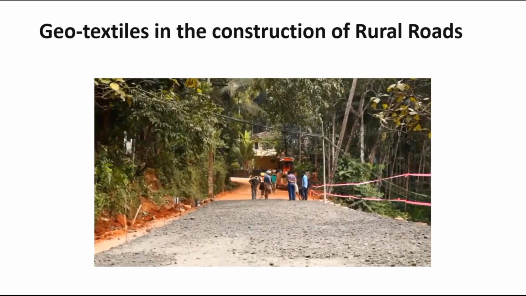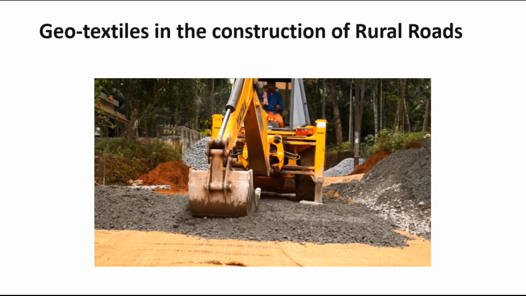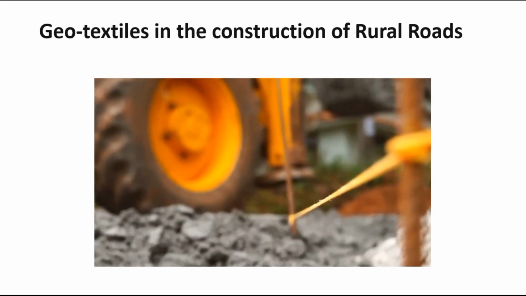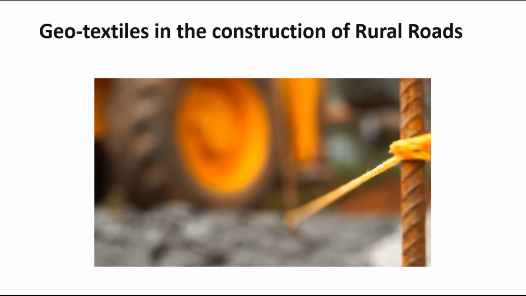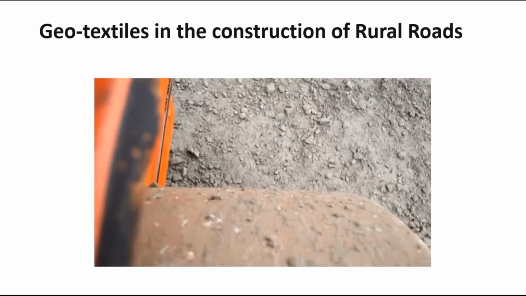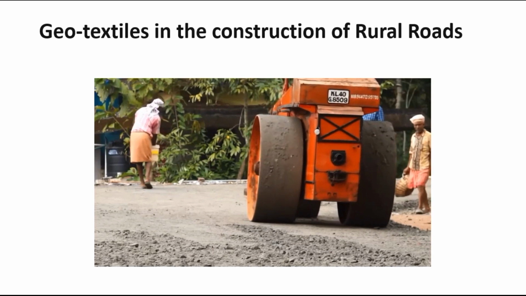The dumped material is then evenly spread, either manually or mechanically using the JCB, to the design thickness. Then the profiles are corrected manually for the required camber and super elevation. A roller is then used to roll the material to 100% compaction.